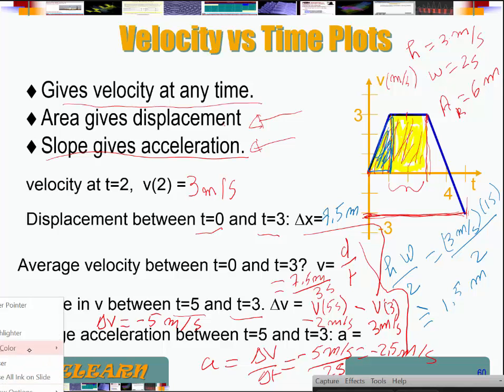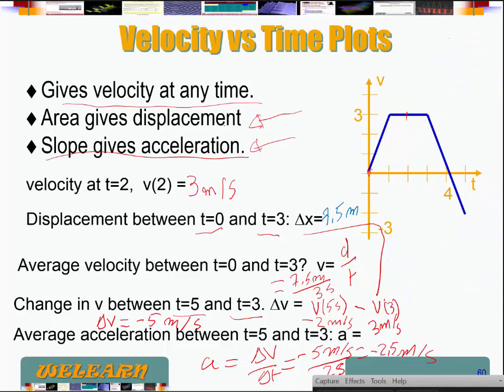Let's go to the eraser. We get the velocity by reading it off the plot directly. For example, here we are at 1 meter per second, here at 2 meters per second, here at 3 meters per second. Acceleration is the slope of the graph.